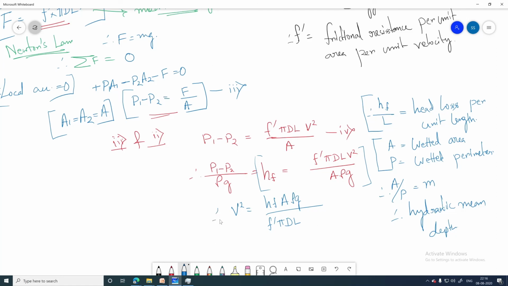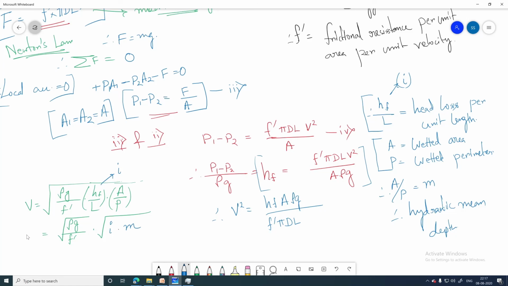Now you just determine the value of V. I am writing V equals root over of rho g by F dash, arranging that, into HF by L into A by P. Now you know the value of HF by L and the value of A by P. So root over of rho g by F dash into root over of HF by L, which is the head loss per unit length, denoted by small i, and A by P is m.